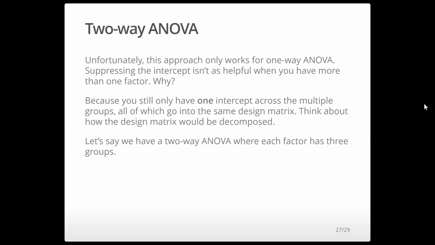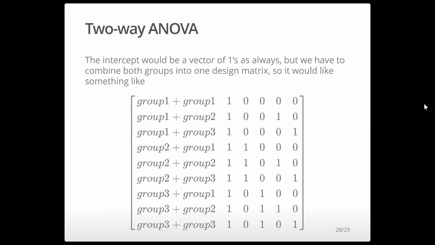So the reason is you still only ever have one intercept, and that accounts for all the different grouping variables. So they all go into the same design matrix. So let's think about how we're going to have to write our design matrix in a two-way ANOVA, where each factor has 3 groups. So here I just put how you'd code each group here in the first column.